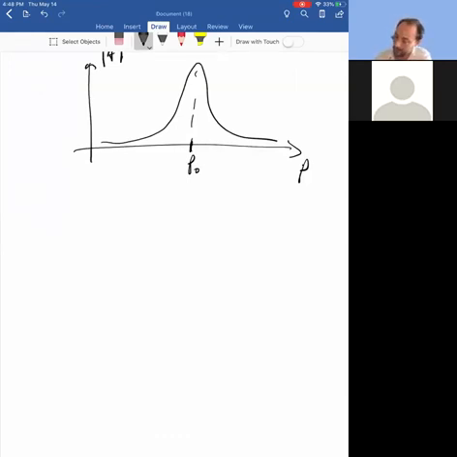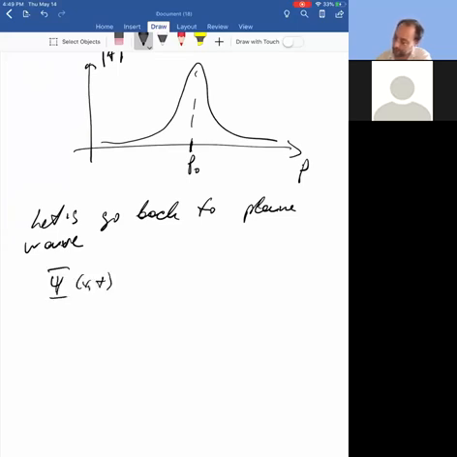So let's go back to the plane wave, right? Again, this is an example of a wave function. So you have a wave function that's a function of x and t given by something like this. Okay?